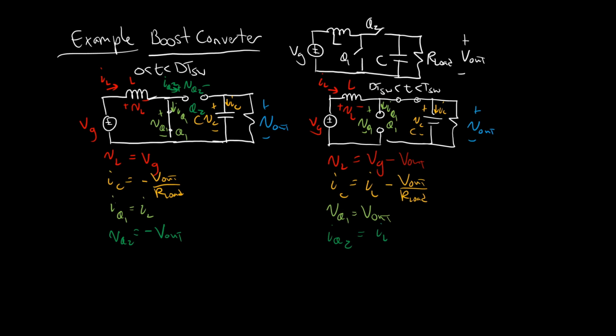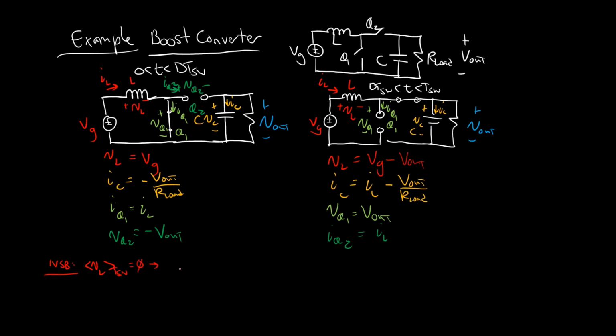Great. So we can do IVSB really quickly here. So what does it say? It says that the voltage applied to an inductor, let's draw this out so you can actually see what's going on, over one switching cycle, averaged over one switching cycle, is equal to 0.